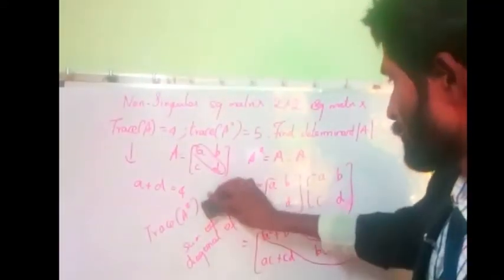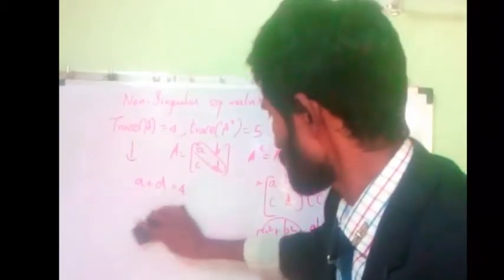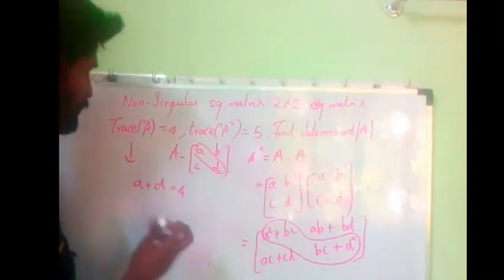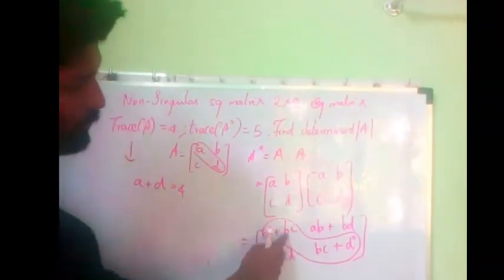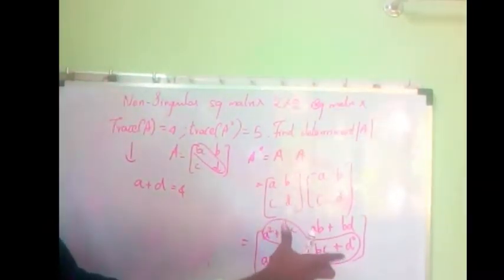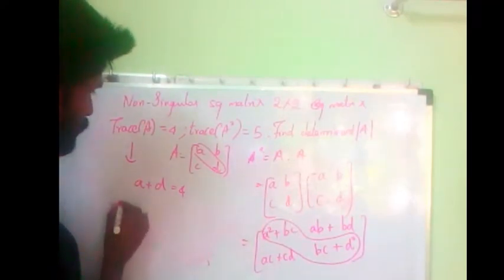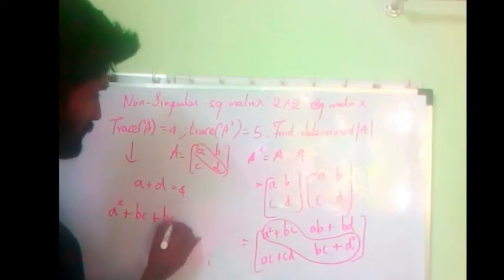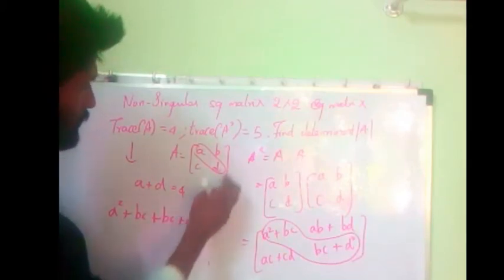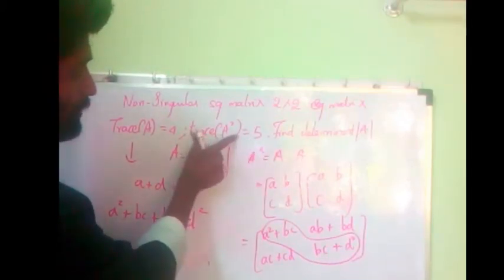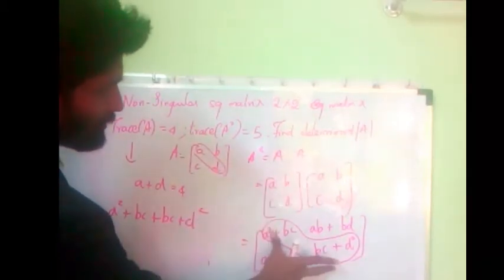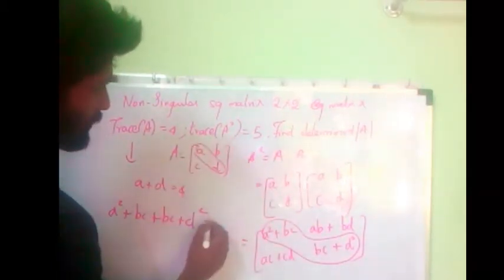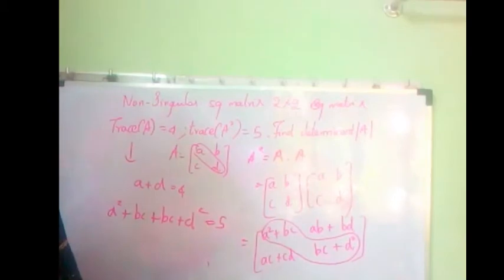Look at the matrix: trace of A square means you add these two diagonal entries. So a square plus bc plus bc plus d square is equal to 5. Trace of this A square is equal to 5, and we got both the values.